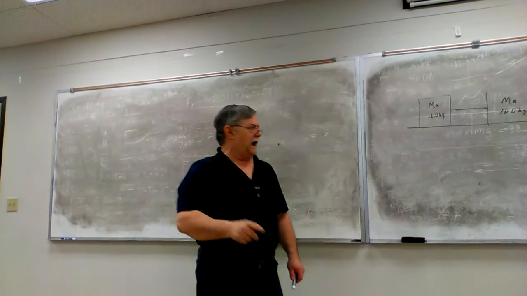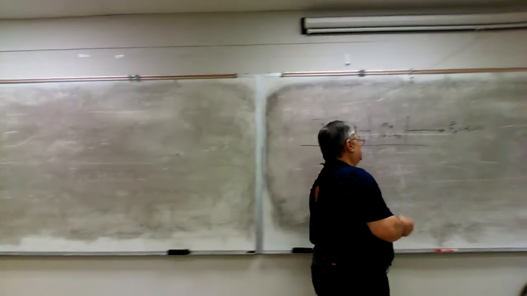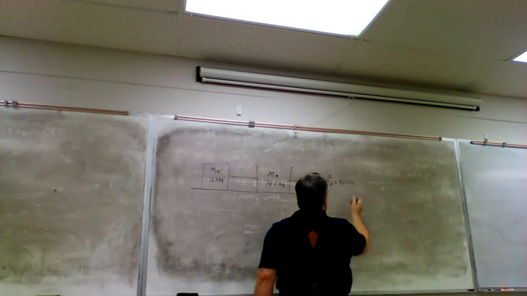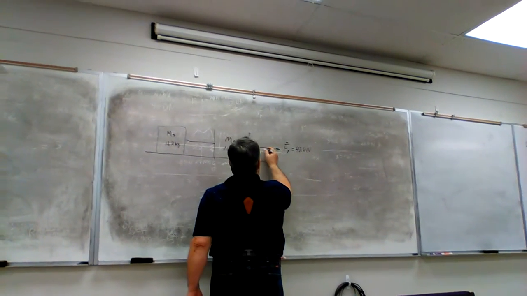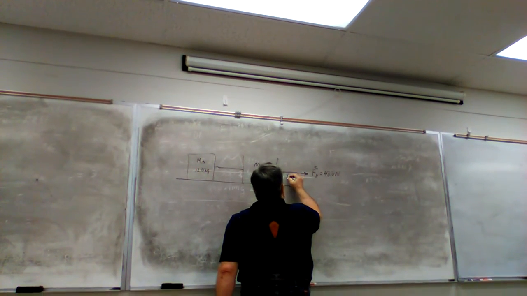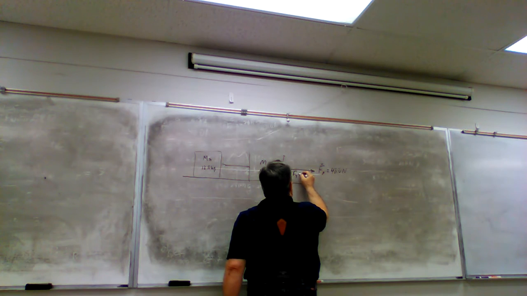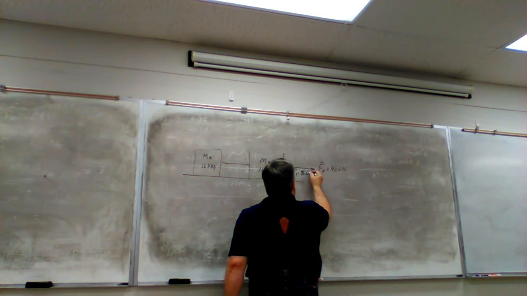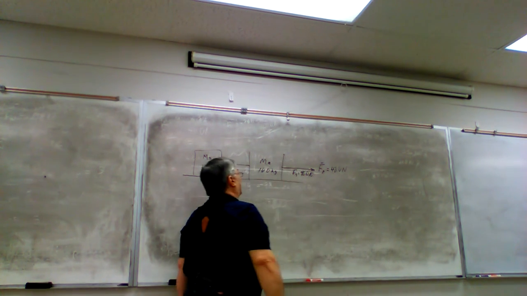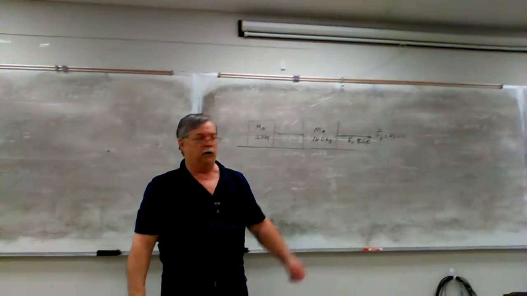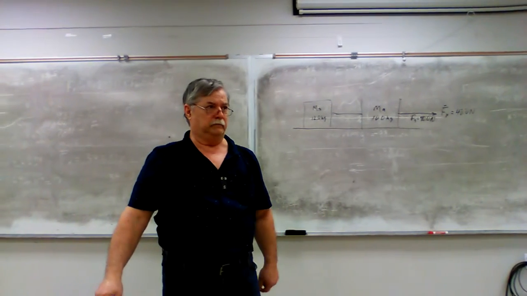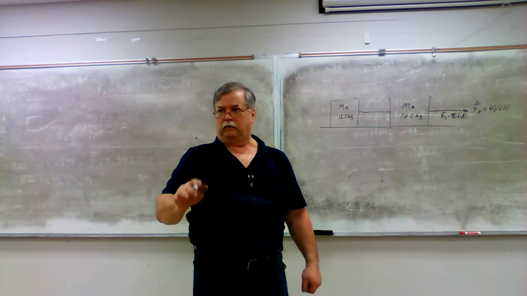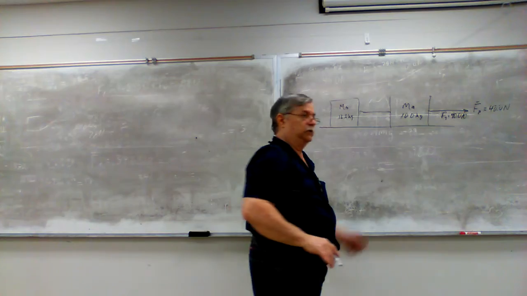But what's actually happening here, you are pulling on the string with 40 newtons of force. That means you are putting 40 newtons of tension in this string. That string is what is pulling on mass A with 40 newtons of tension. Okay? You are not pulling on the box. You're pulling the string.